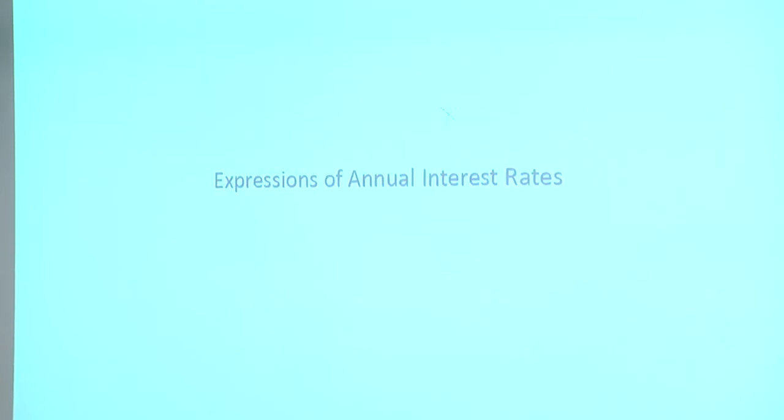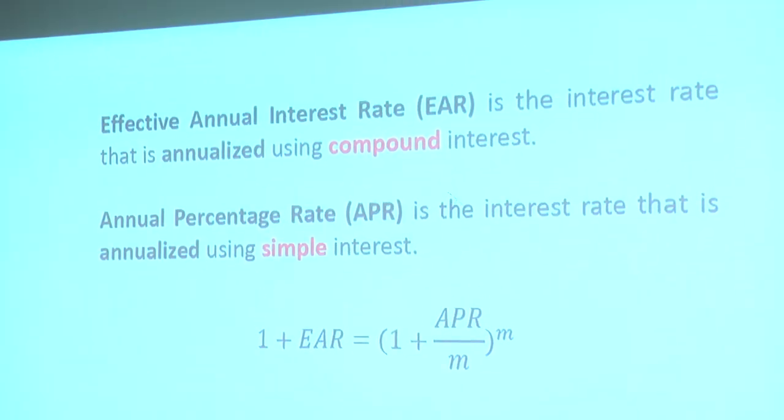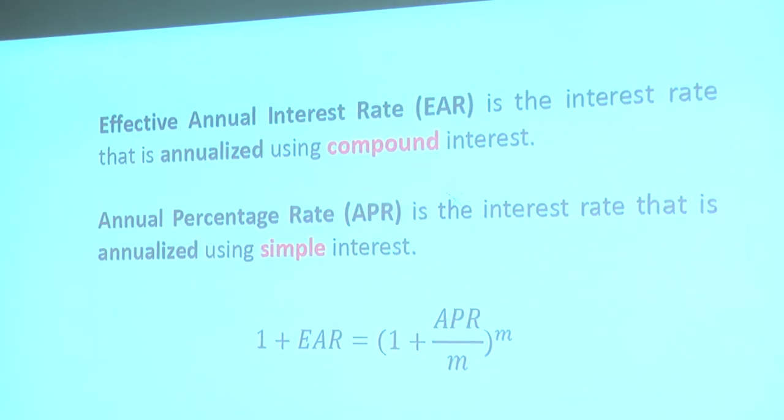There's another big part of Chapter 5, which talks about the effective annual rate and the annual percentage rate, okay, EAR and APR. Okay? So if you have ever read your credit card information, I believe you don't read those little items in your contract. They are very small font, not good for your eyes, right?